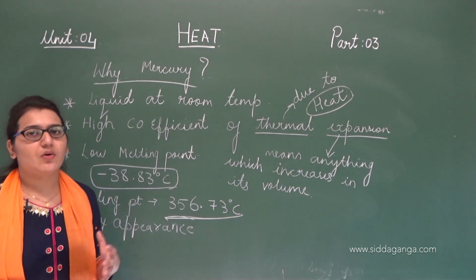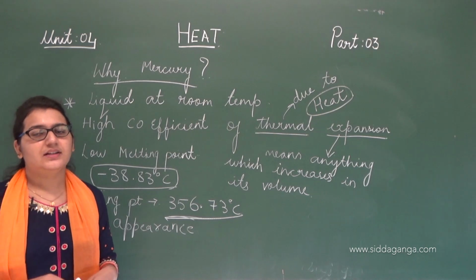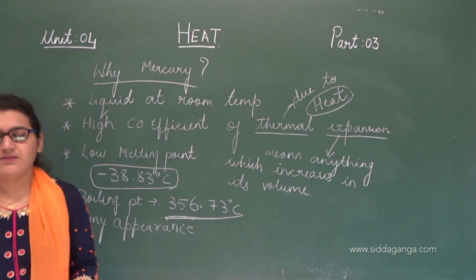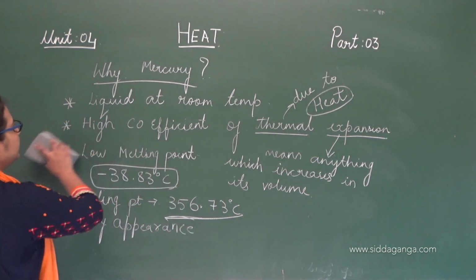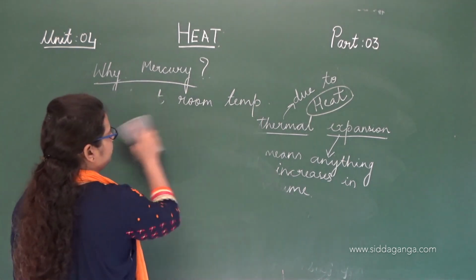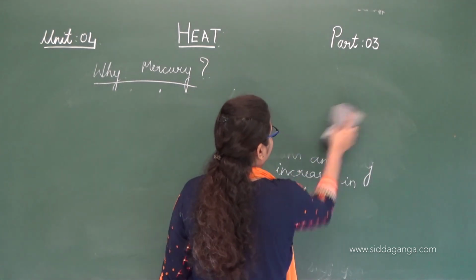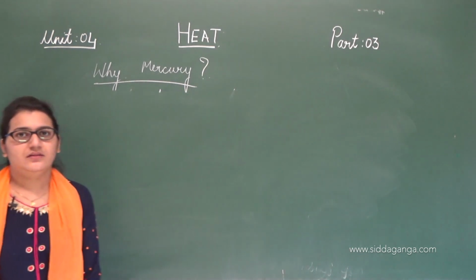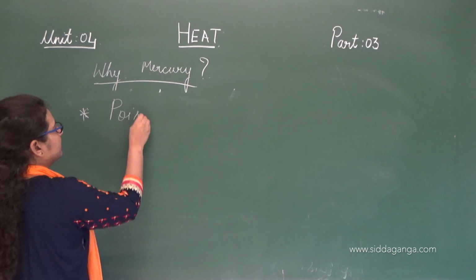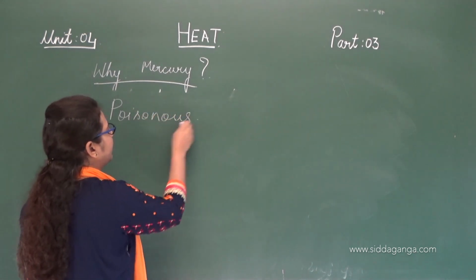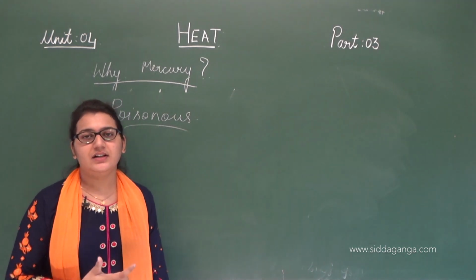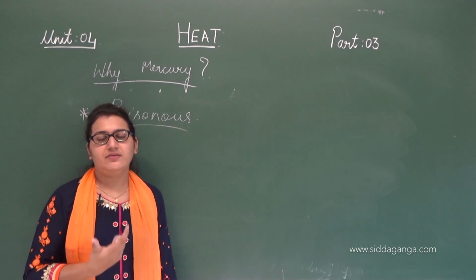And apart from all these benefits and uses, yes, it does have a disadvantage or risk. We have already discussed this: mercury is highly poisonous. This is the reason we take precautions with both clinical and laboratory thermometers.